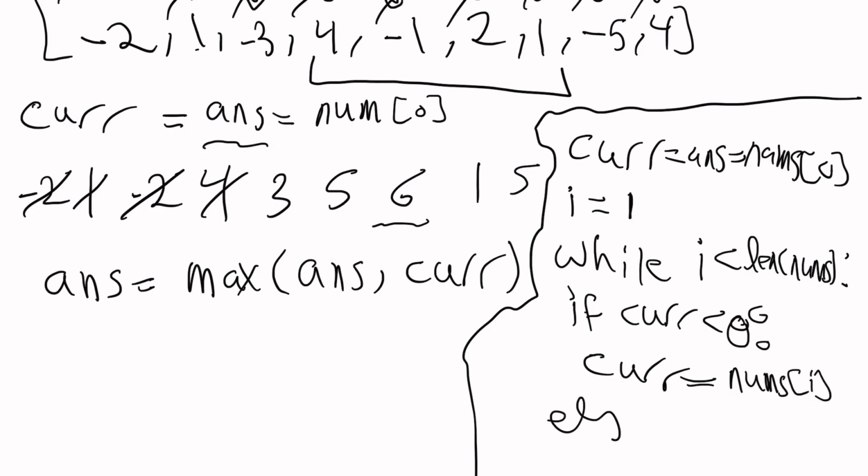Else, current plus equal nums of i, because we have the current is greater than or equal to 0, so I'm going to need to add any other number so I can get the largest subarray.